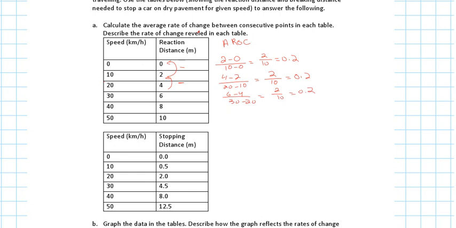What will be the next one? 8 minus 6 over 40 minus 30, and that's 2 over 10, which is 0.2. And then the last one is 10 minus 8 over 50 minus 40, again 2 over 10, which is 0.2.